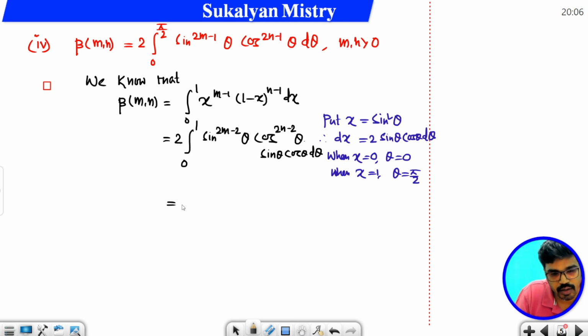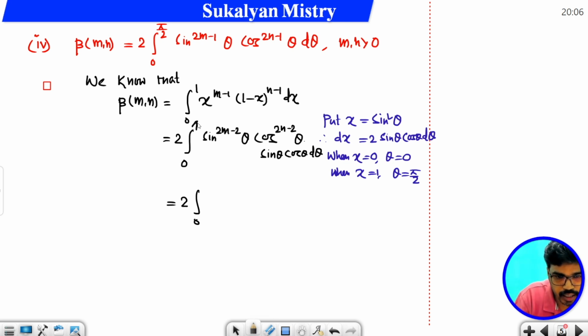So ultimately what we get: change the limit, when x is equal to 0, theta is 0, and when x is equal to 1, theta is pi by 2.